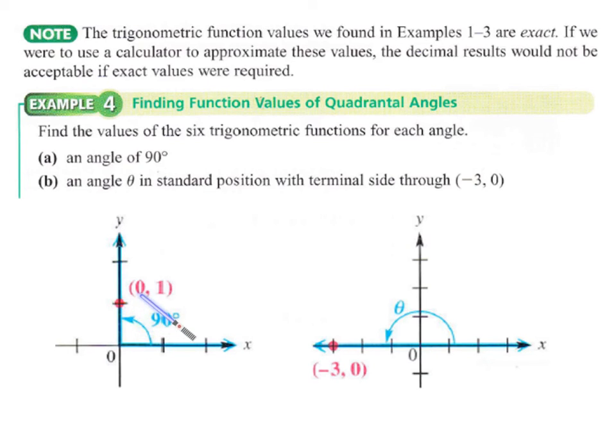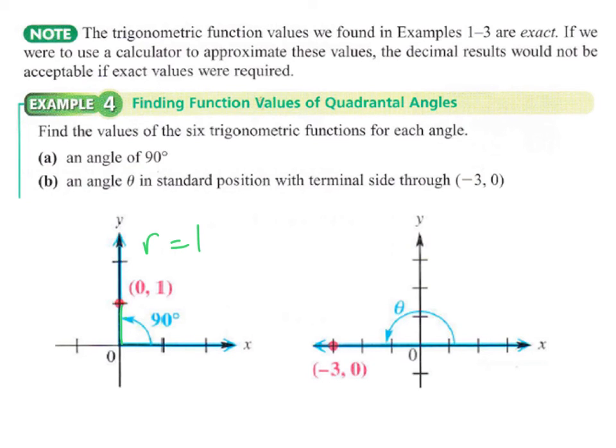Now we still have an x and a y, and r would really still just be the distance from the origin up to this point. Now it's actually easier to find r on a quadrantal angle. The distance from the origin to this point is just 1. Now we can still use r equals the square root of x squared plus y squared. It would tell you the same thing. It would tell you that r is 1, but with quadrantal angles it's easier just to look and figure out what that is.